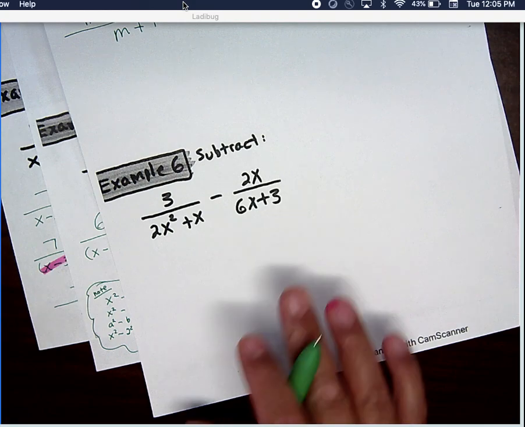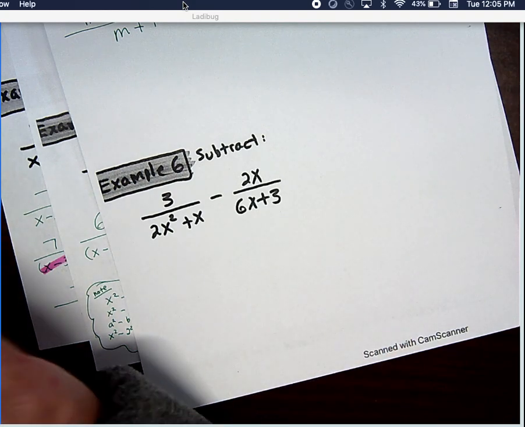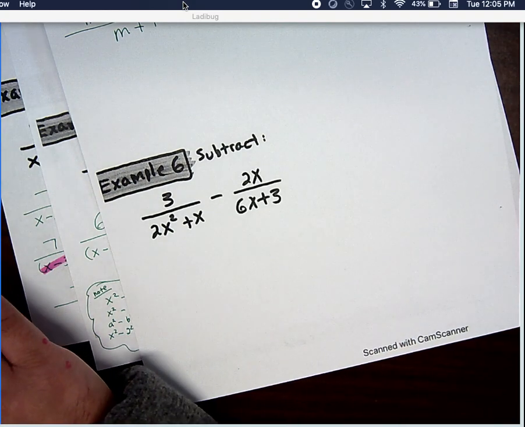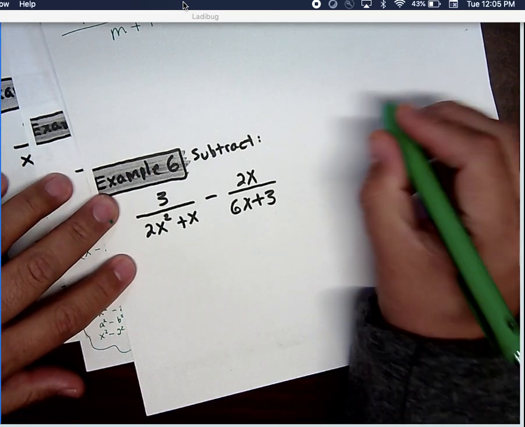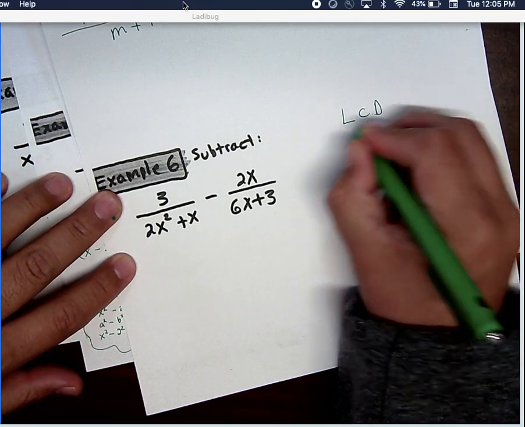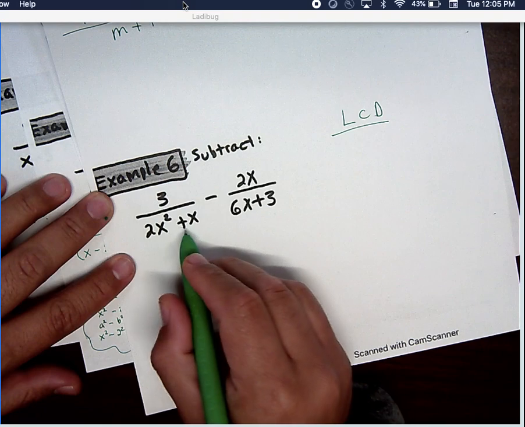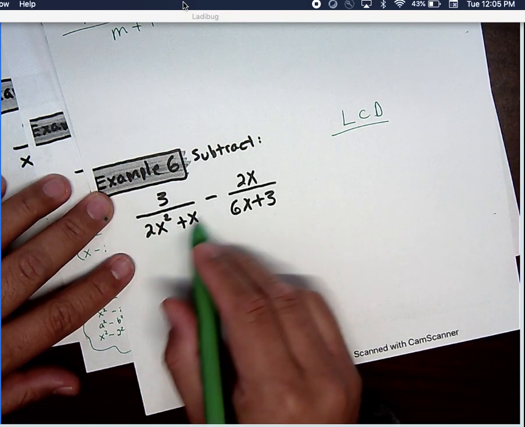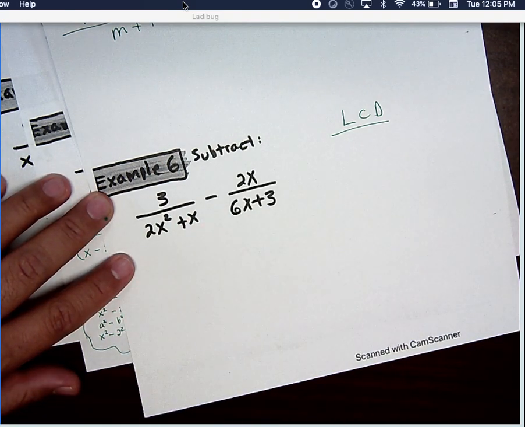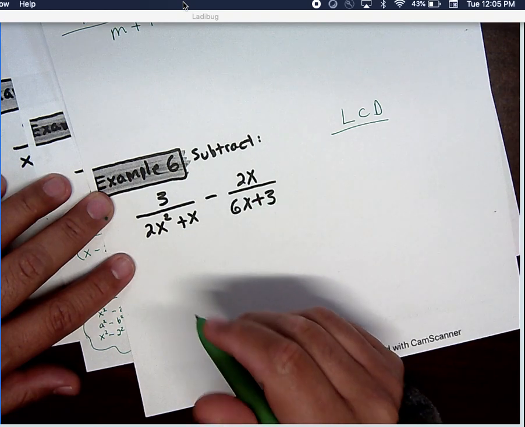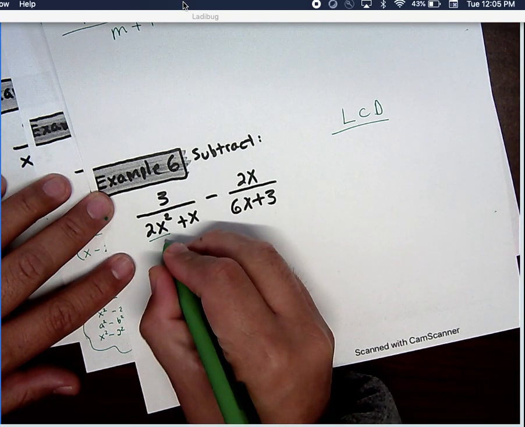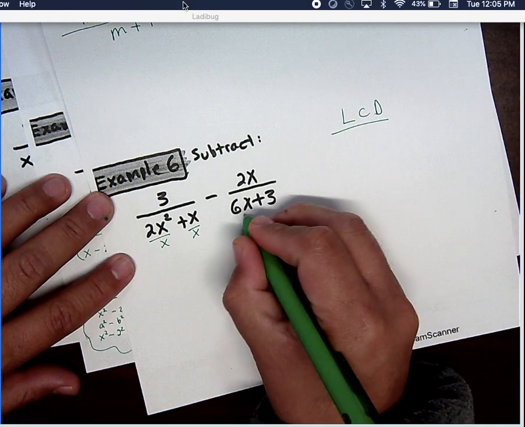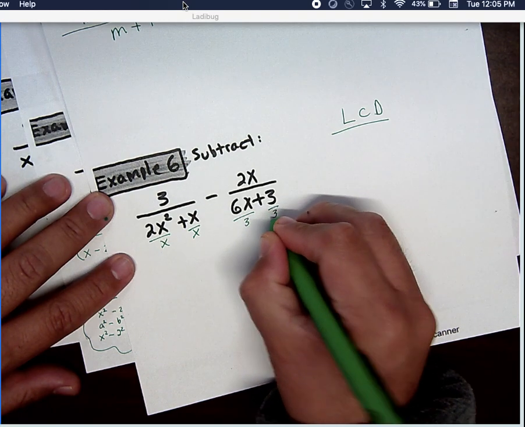Now let's do 6. So let's do the LCD. Before, like I said, you will need to factor stuff from these. I can see I can factor an x from this one, and I can factor or GCF a 3 from this one.